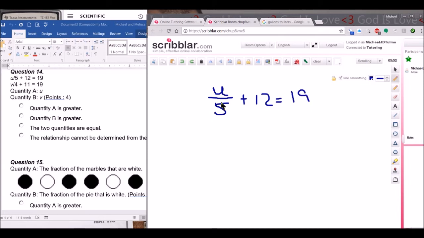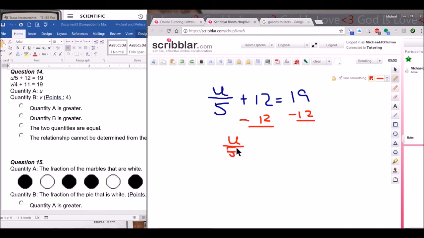All right, so we have to use reverse operations to solve this. We take this positive 12 and we subtract it, and we have u over 5.